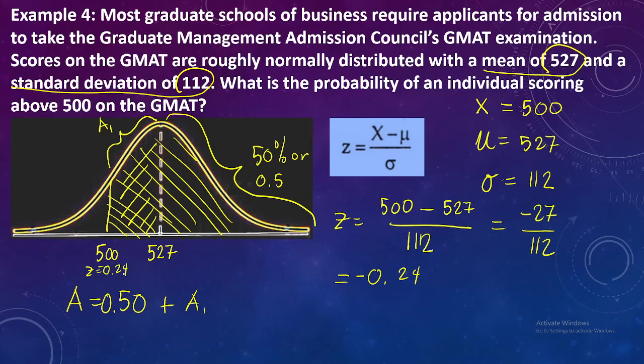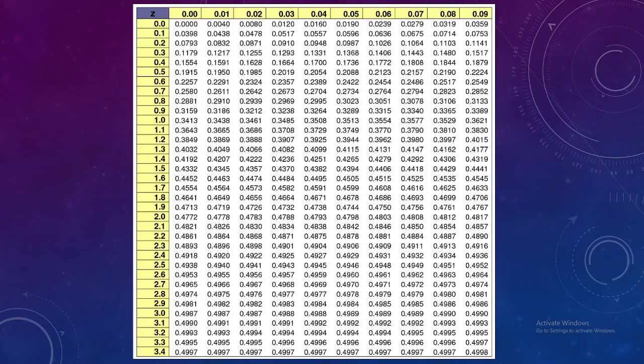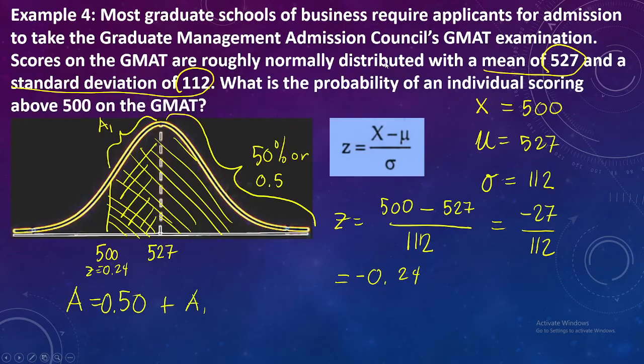So go to your table now. As you can see, I'm using a table, 0.24. That's 0.0948. So meaning the area is 0.0948.